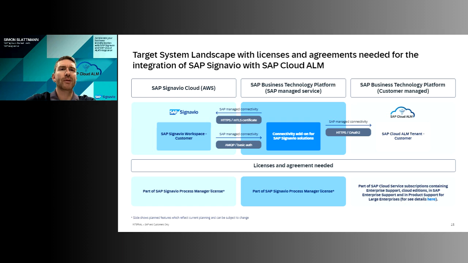The next question is, what will happen when you have already manually uploaded the SAP Signavio process models as solution process flows from Signavio to SAP Cloud ALM, and the process hierarchy is already created? What will happen when the customer now uses the standard synchronization?